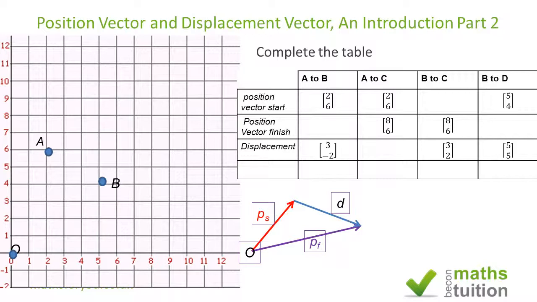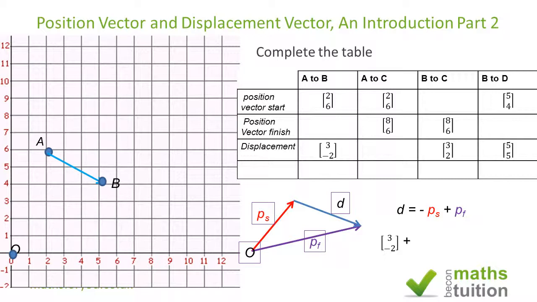So there's a little algebra here which says that D, the displacement, is equal to minus the position vector at the start plus the position vector at the finish. That's simple algebra. You can change this to make any of these the subject of whatever you require. So that's the displacement, and we know that's (3, -2).